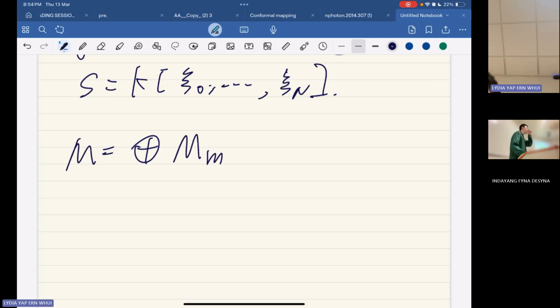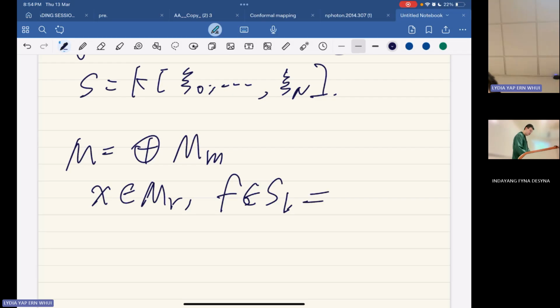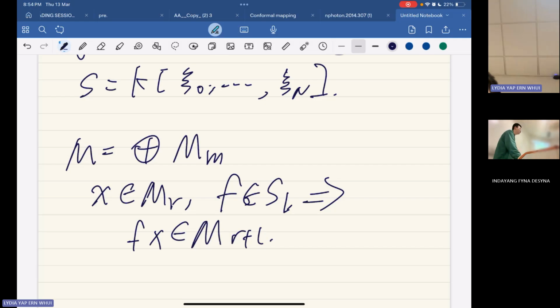Then by the definition of graded module that we talked about earlier, if there is an x belonging to Mr and there is an f belonging to Sl, it implies that fx lives in M(r+l), right? This is just the definition of graded modules.